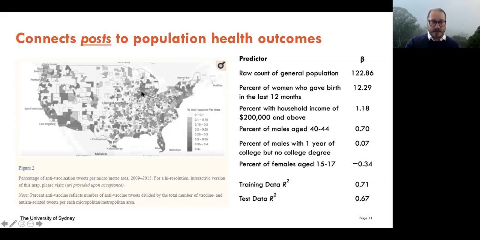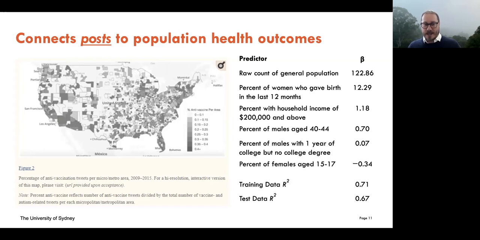Hang on a sec. There's a comment in the chat: it's an ecological study. Yes, it is. But one of the major problems here is that the most important factor, and you can see the coefficient was 10 times larger than any other coefficient, was simply the raw count of the general population. So what they were actually modeling was how many people were tweeting about anything.